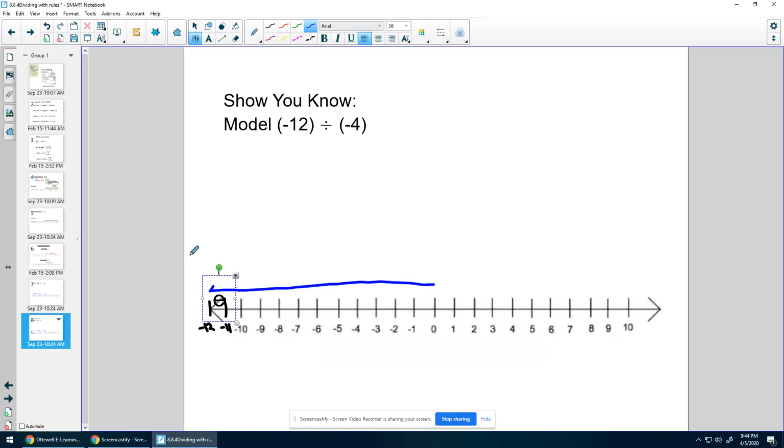So our arrowhead is going to go right at the end, pointing in a negative direction. And then we need to split negative 12 into groups of negative 4. So that's negative 1, 2, 3, 4, 1, 2, 3, negative 4, and there's another one. So how many groups of negative 4 go into negative 12? Well, we've drawn it out. 3 groups. We know it has to be positive because negative divided by a negative is a positive.